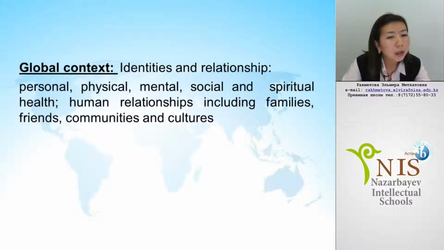The following is the global context: identities and relationships. By identities here we mean different identities of authors and audience, and by relationships we mean the relationship between audience and author and their attitude to different values that we have in our society.